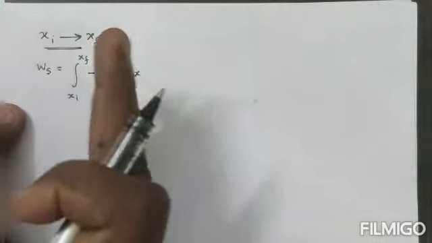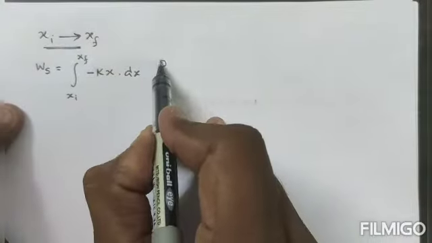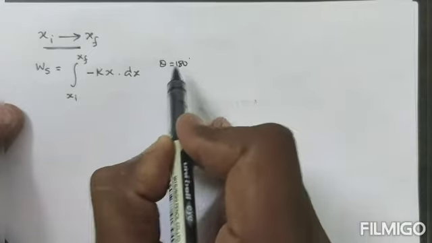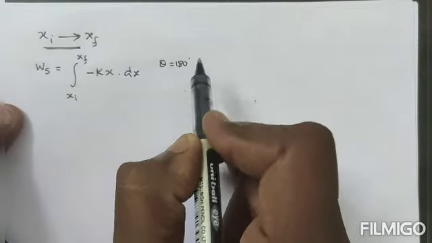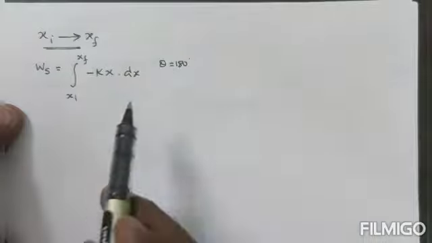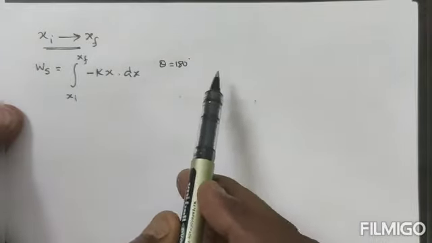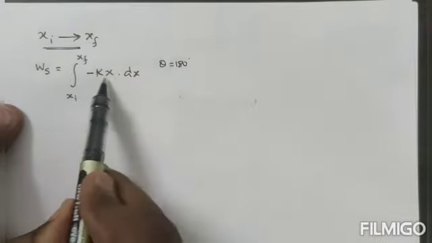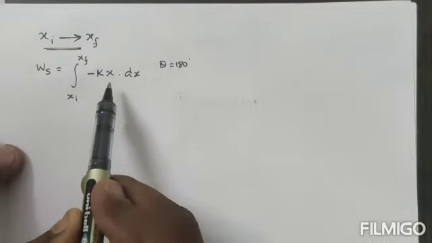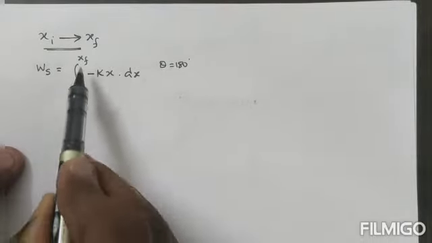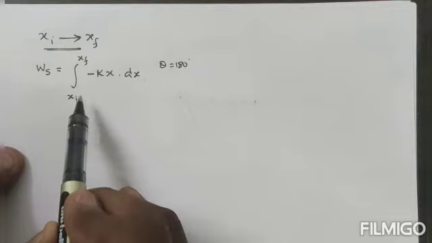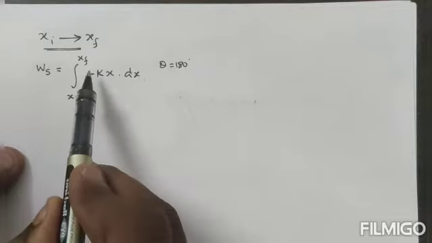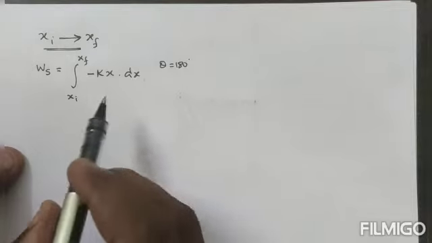In this case, the angle is 180 degrees. So F dx cos theta, with cos 180 degrees giving the minus sign. So that only we got this equation. We already derived this model, but the limit is from the initial position xi to the final position xf.